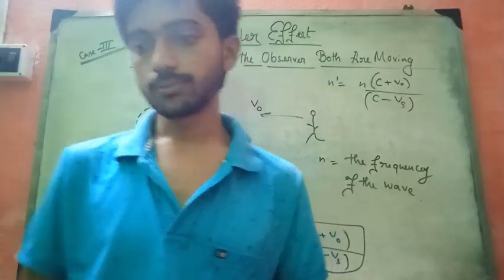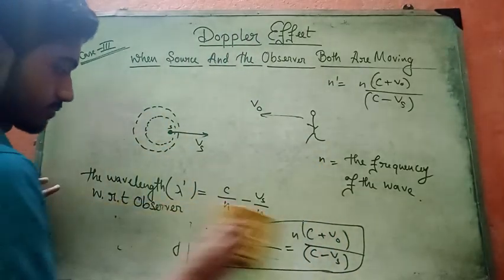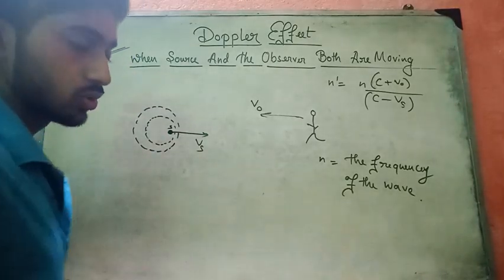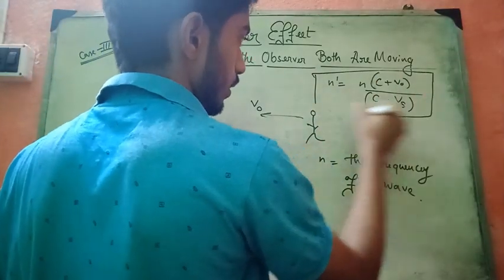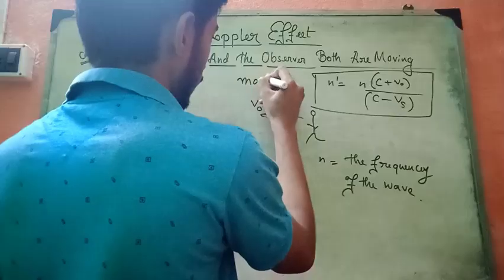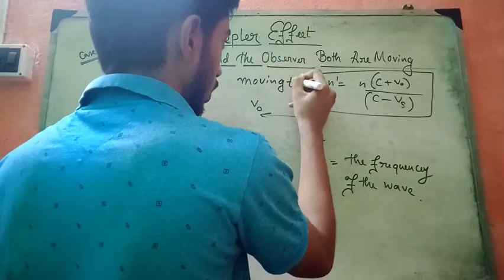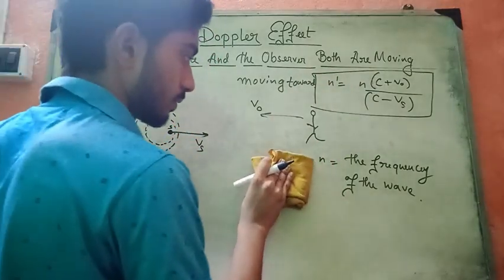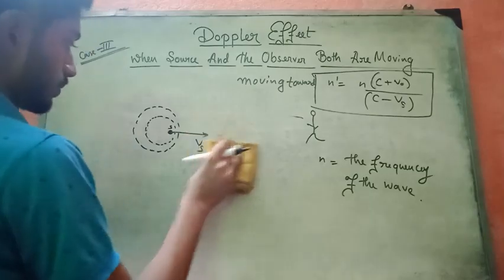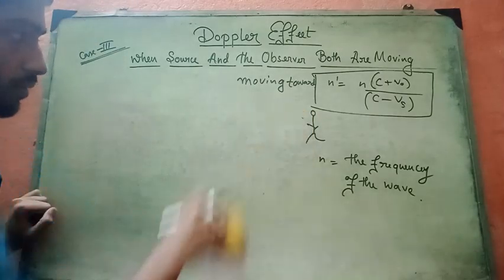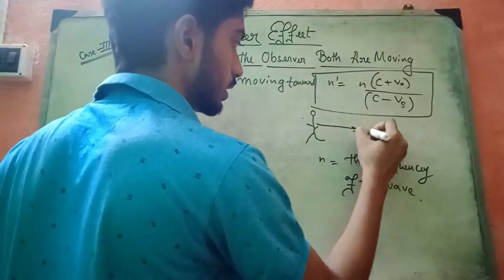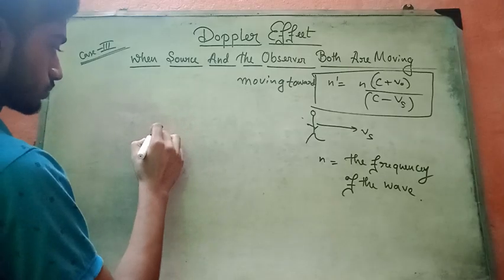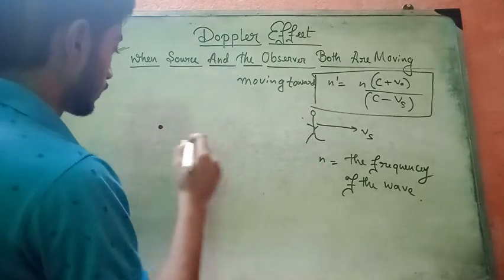Let's discuss this. Now it is going with velocity Vs. This is our source and this is our observer.